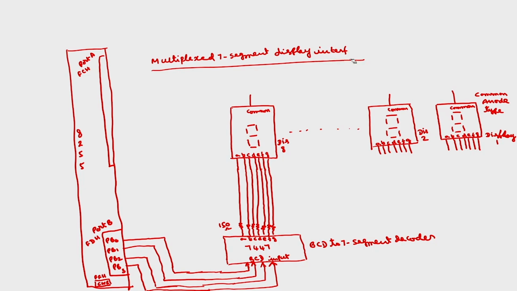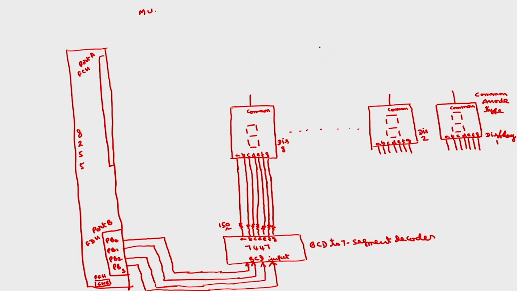The common signals are connected through transistors. We will take the first signal and connect it through a transistor.